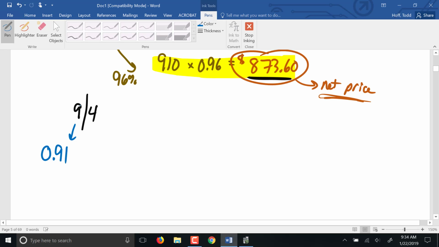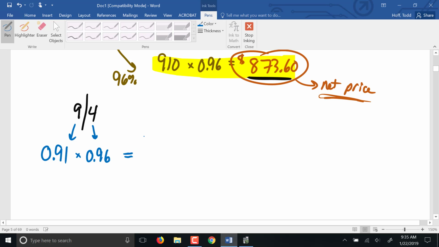So the discount is 9%, the net price after that discount is 91%. That's just 100 minus 9. I'm going to write it as a decimal, 0.91. For the 4% discount, we do the same thing. 100 minus 4 leaves us with 96% as the net price. I'm going to write that as a decimal, 0.96.